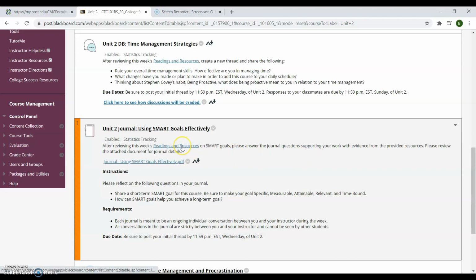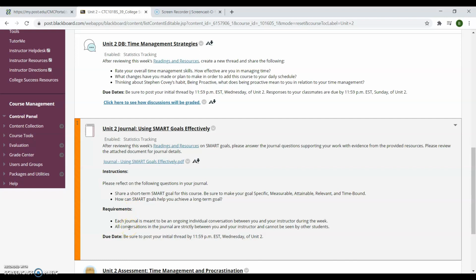So you would read the reading and resources first, and you would review whatever PDFs are here. Then it tells you the instructions, so please reflect on the following questions in your journal. Normally there's 2 or 3 questions that will ask you to answer the question. And then there will be requirements here.